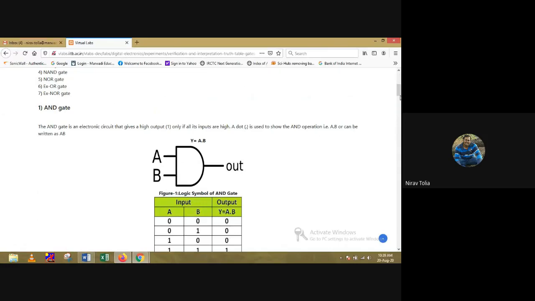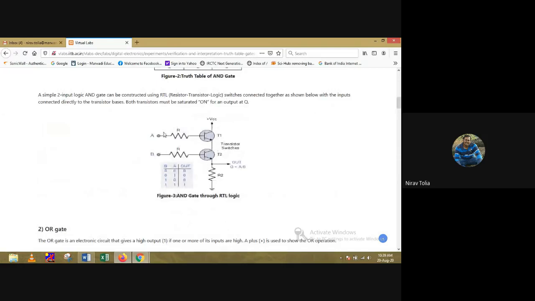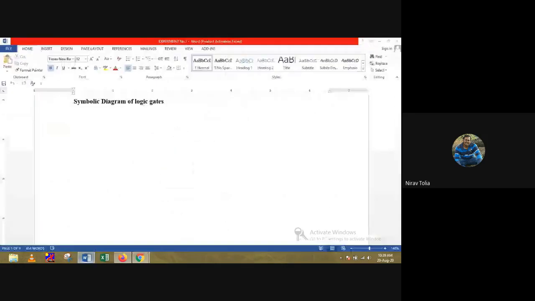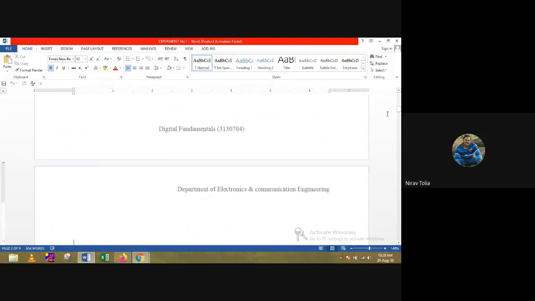In the same way you have to draw the symbols of all the gates, not the circuit. Just draw the symbols. So here you have to draw the symbols of AND gate, OR gate, NOT, NAND, NOR, exclusive OR, and exclusive NOR. For that you have a space.